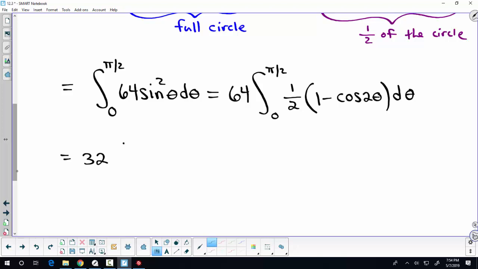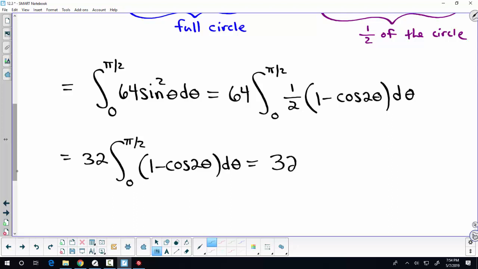So we have 32 times the integral from 0 to pi over 2. Integrand is 1 minus cosine 2 theta. Here, so 32, that's theta minus 1/2 sine 2 theta from 0 to pi over 2.